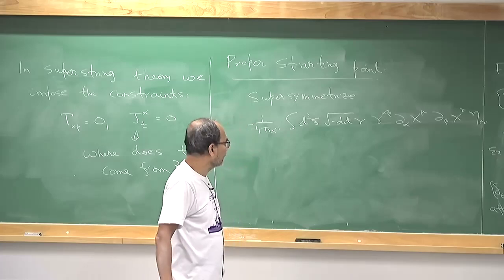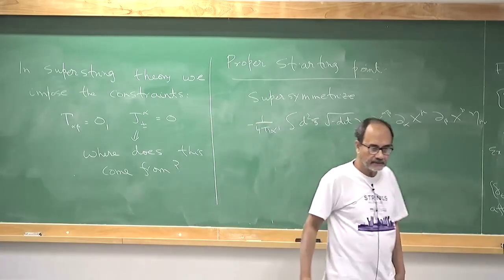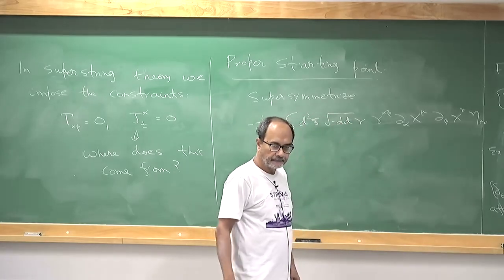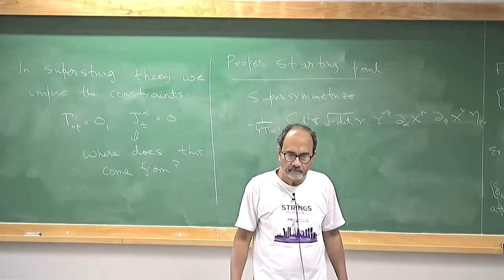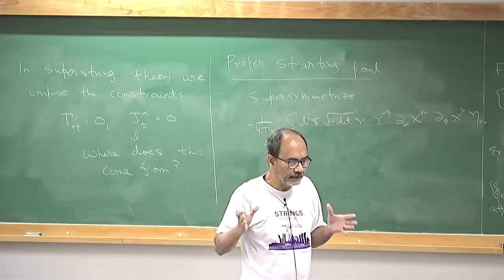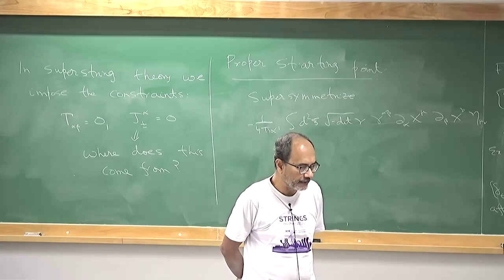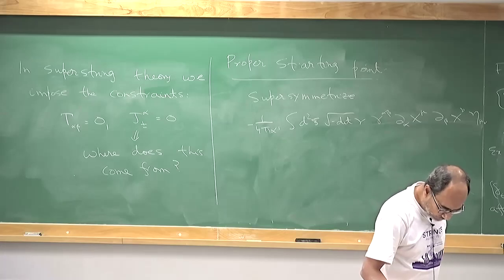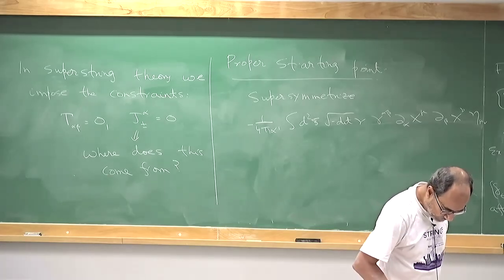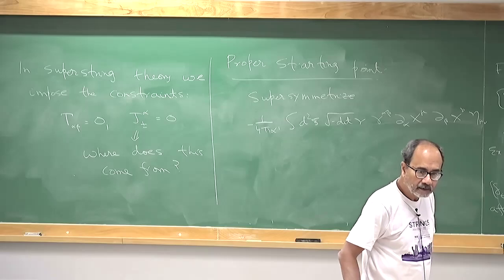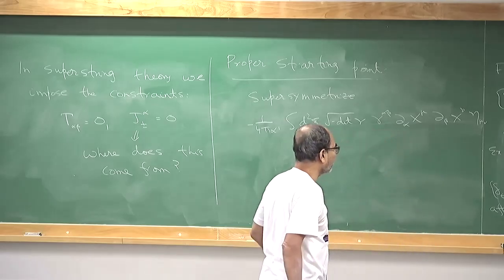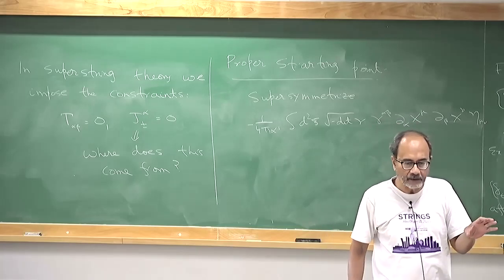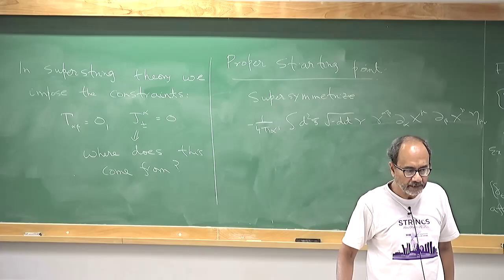Okay, so this was the gauge invariant action, and we need to supersymmetrize this. That's where the original formulation of superstring theory begins. I will not write down the action that one gets by supersymmetrizing this, but it should have a symmetry of the kind that I described, where now epsilon is an arbitrary function of the worldsheet coordinates, sigma and tau.